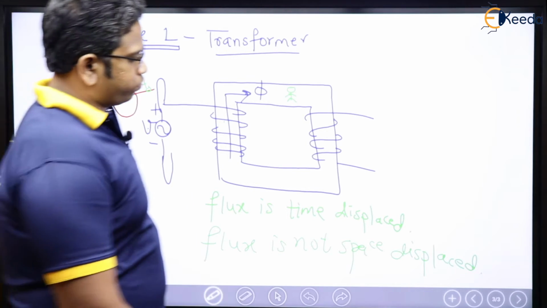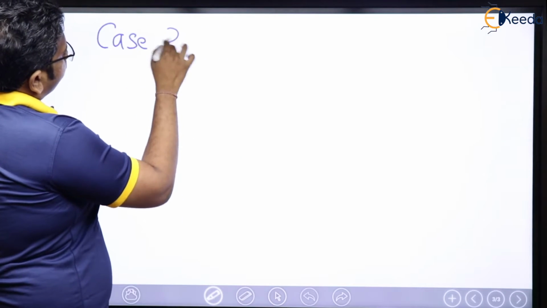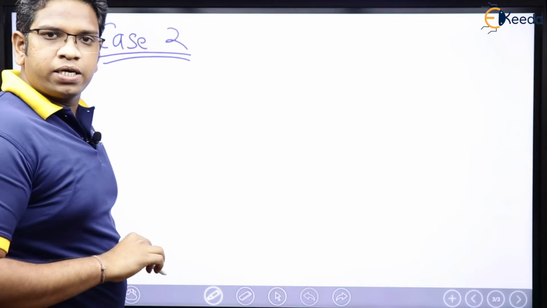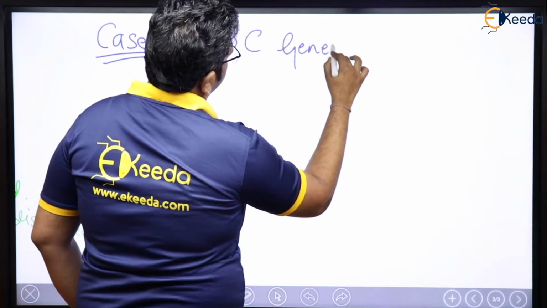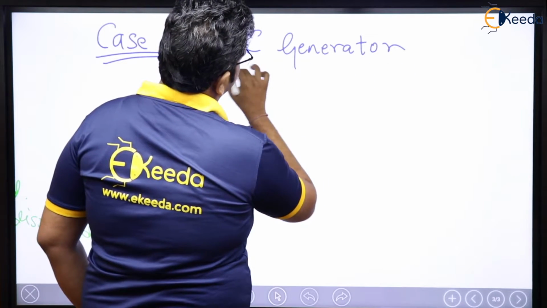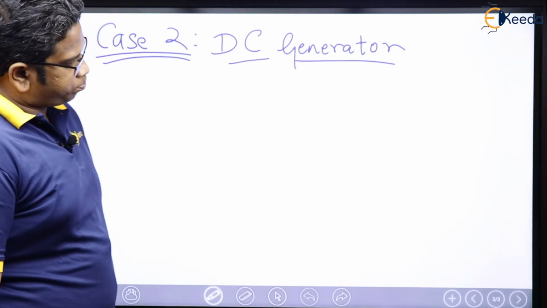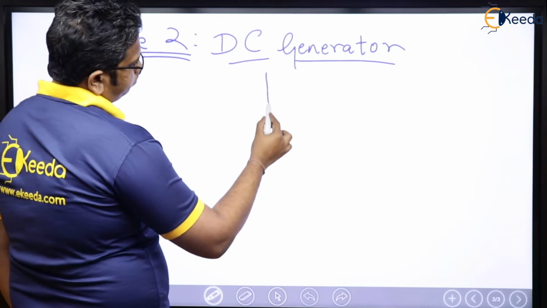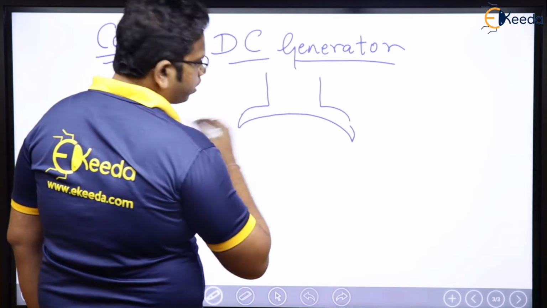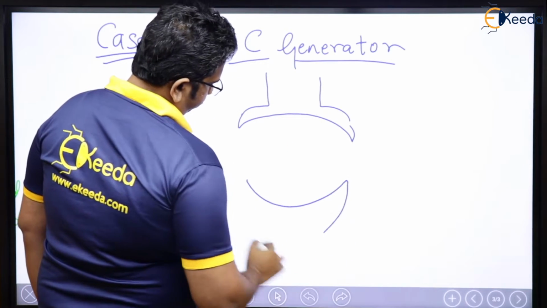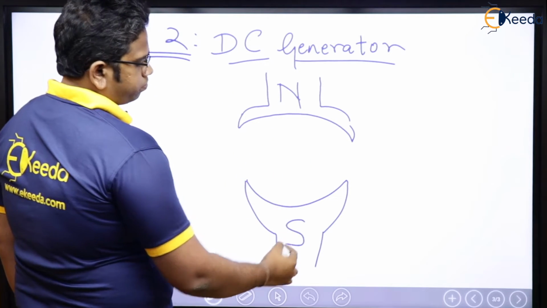Let us see what is there in case 2. Let us take the case of a DC generator. We know that there is going to be some stator like this, and the stator will have, let us say, a north pole here and a south pole here.